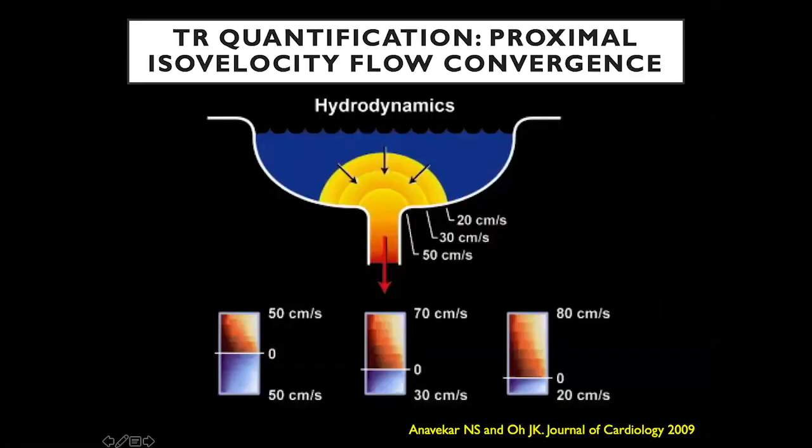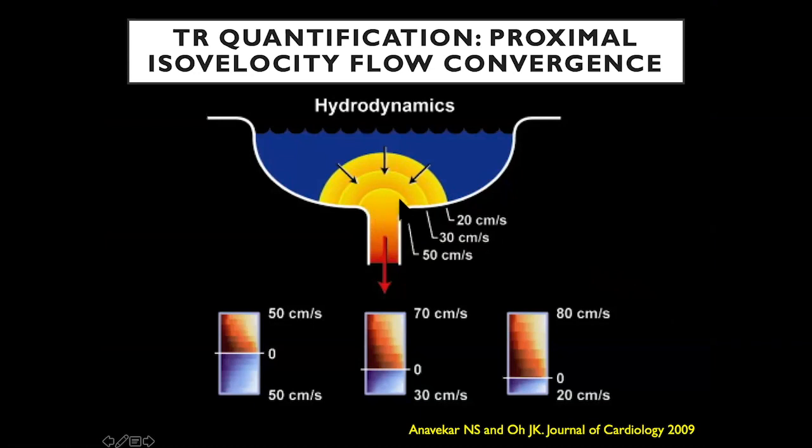Now, another method for quantifying tricuspid regurgitation is the use of the PISA method, the proximal isovelocity flow convergence method. The PISA method is based on the concept that in valvular regurgitation, blood flow converges towards the regurgitant orifice, forming these concentric, roughly hemispheric shells of increasing velocity and decreasing surface area, as you can see here.